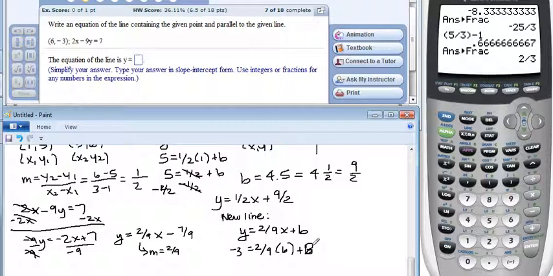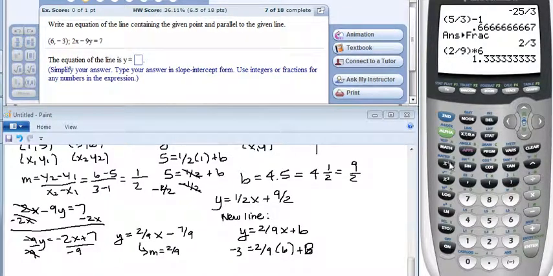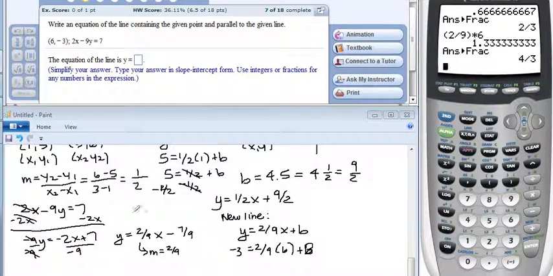Now I can solve for b. Okay, so I'm going to take 2/9 times 6, and what do I get? Math, enter, enter, 4/3. I'm running out of room here. When I'm done with this one, I'll get a new screen.